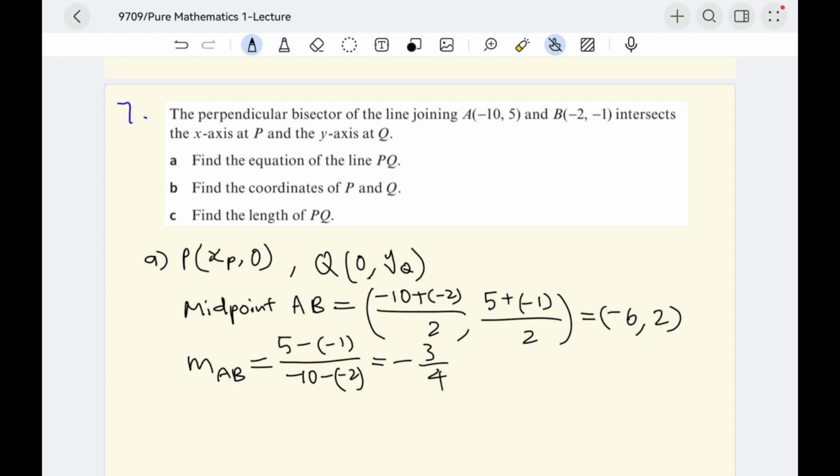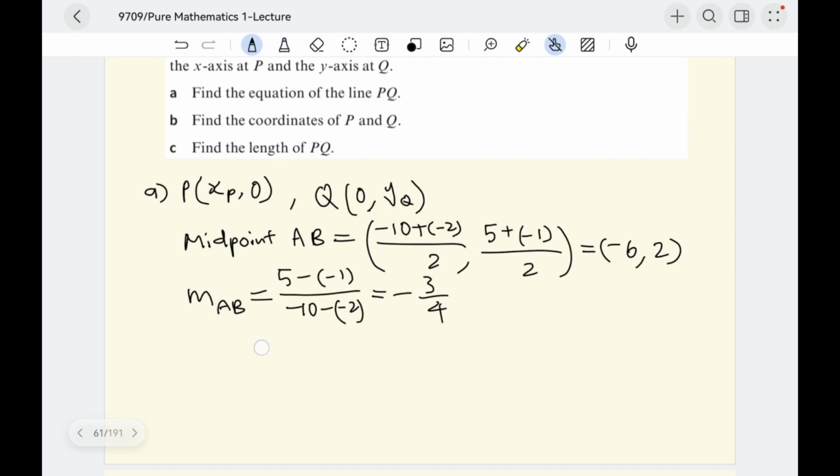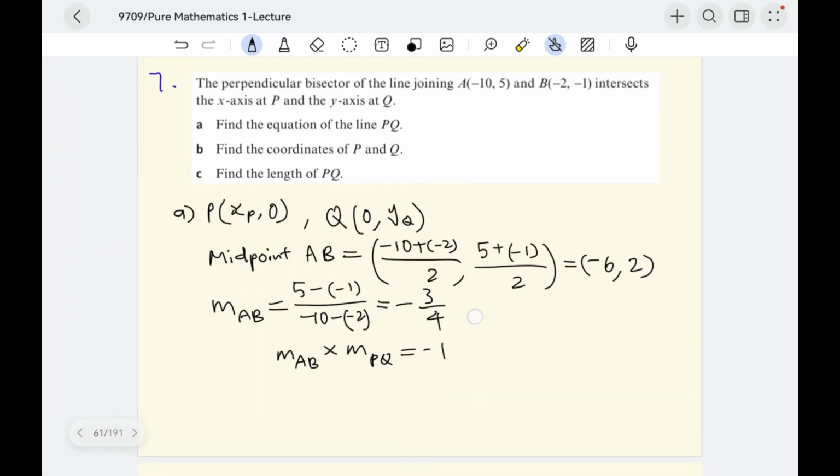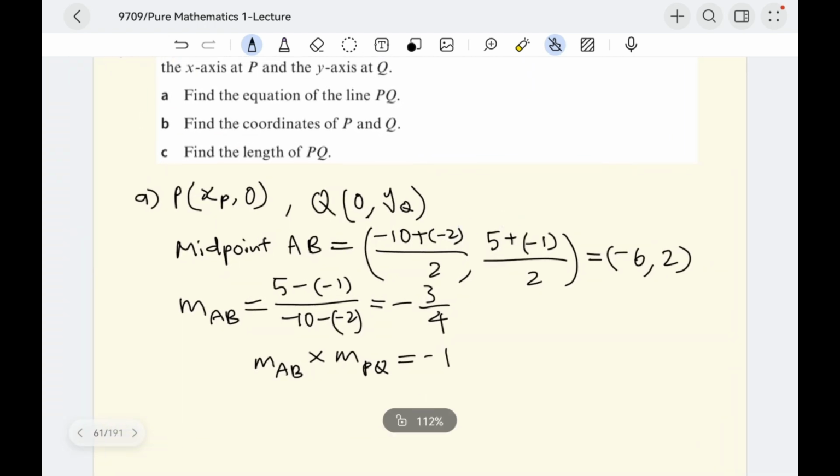Next, you need to use the relationship that the product of two gradients is -1, because both lines are perpendicular to each other. The gradient of AB is -3/4, and the gradient of PQ is of course the negative reciprocal.